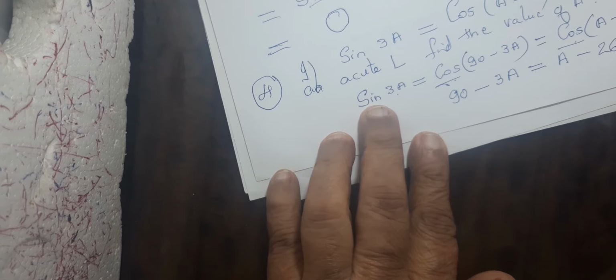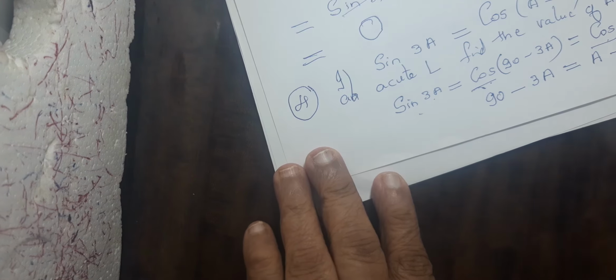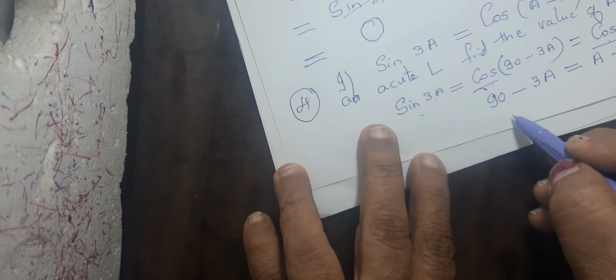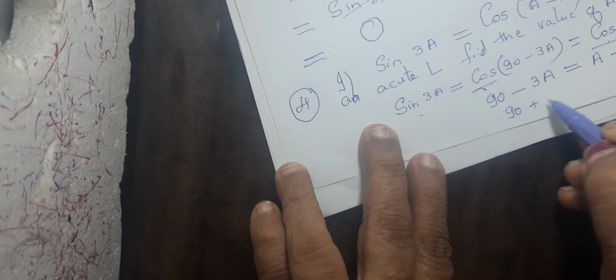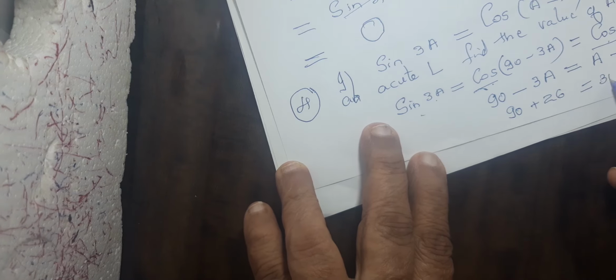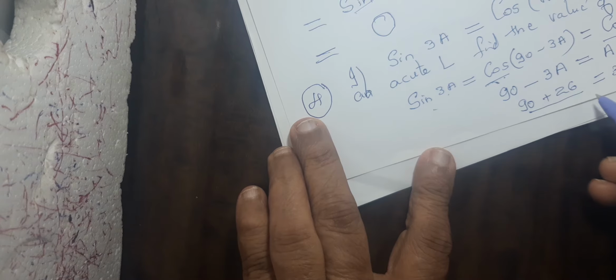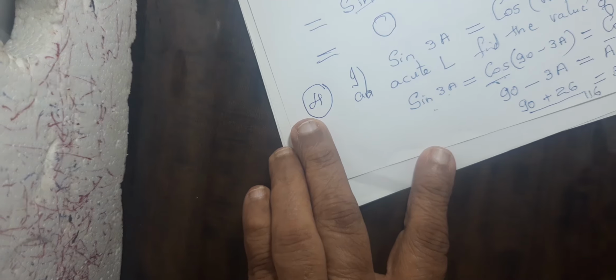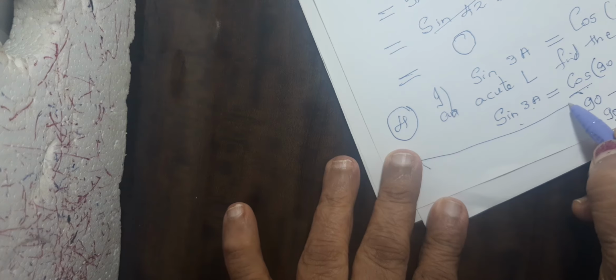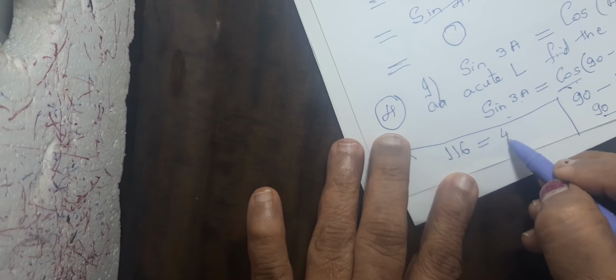Now take everything on one side. So the minus 3a you take to the other side, and 26 you bring to this side. So 90 plus 26 is equal to 3a plus a, which is 4a. 90 plus 26 will be 116. So 116 is equal to 4a.